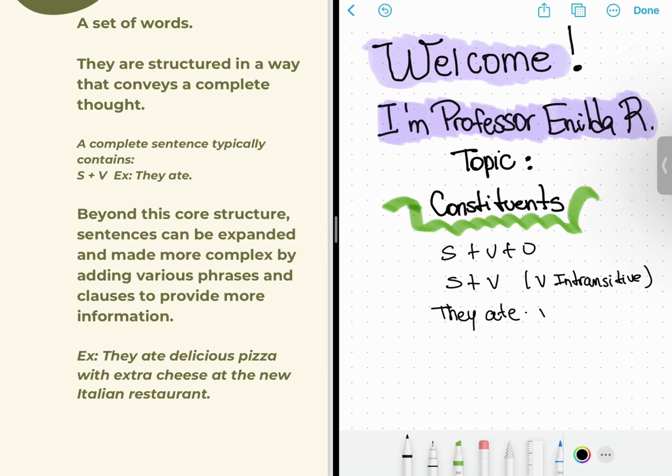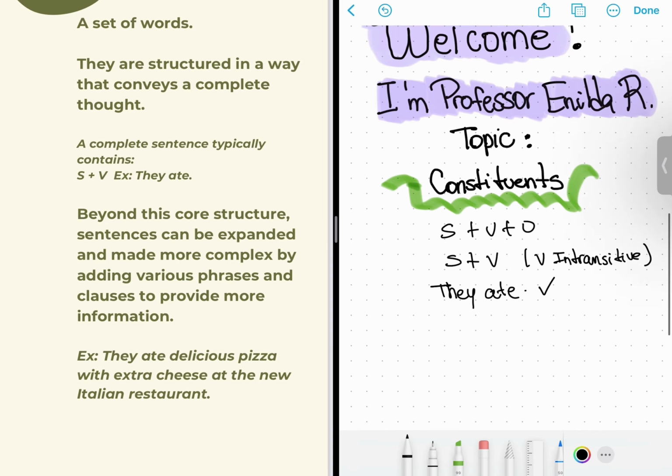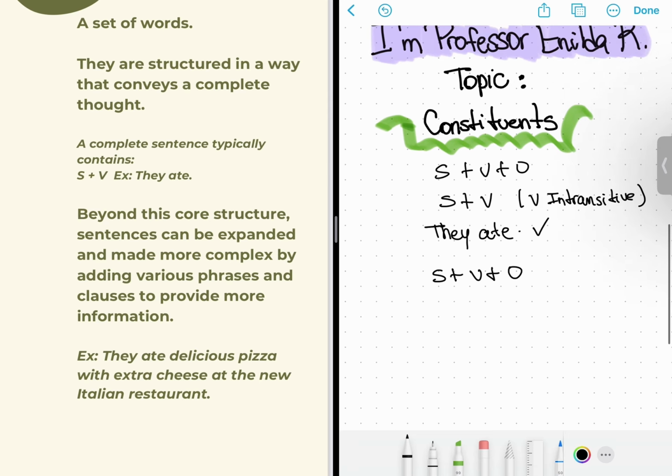This is a complete sentence, but when we want to add more information, we can add different phrases, as in the example. But what we need to be clear about is that the most common structure is SVO, right? Let's take this example: They ate a delicious pizza, right?